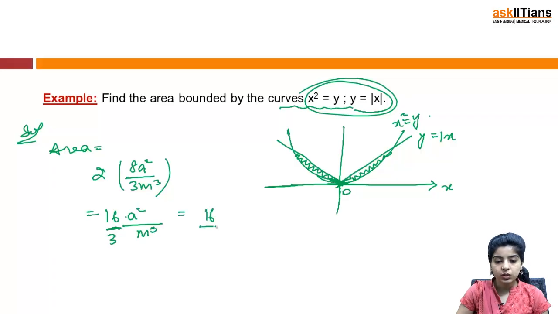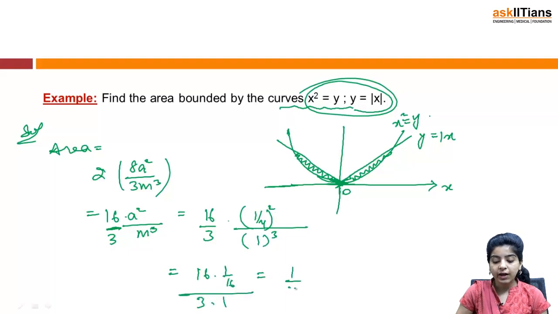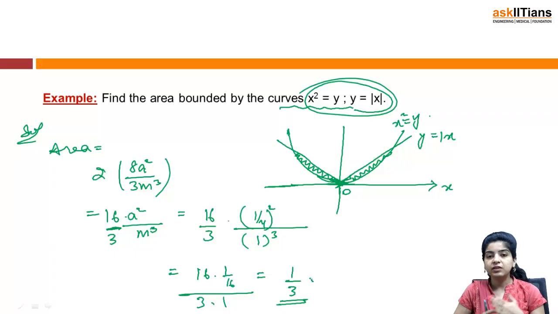What is a here? It is 1 by 4, so 1 by 4 whole square by 1 cube, which is 1 by 16 times 16 by 3, so we have 1 by 3. Again, this is very simple. If you remember the formula, you can easily reach your answers.